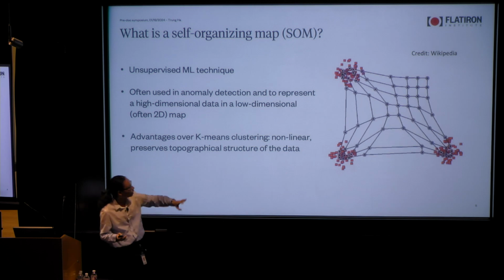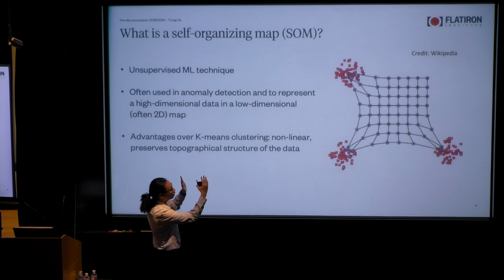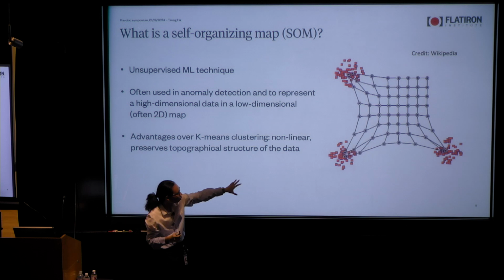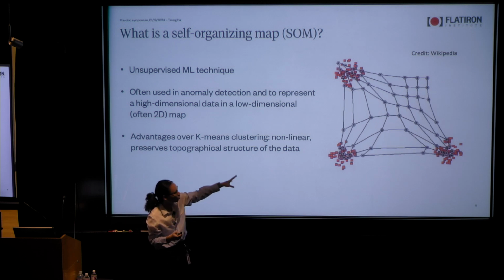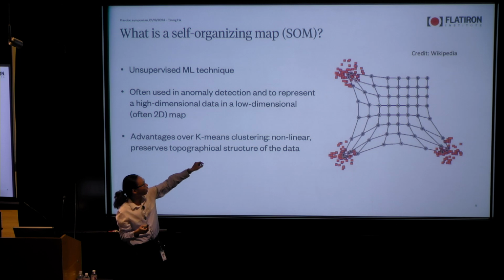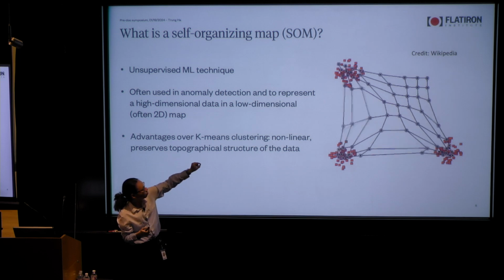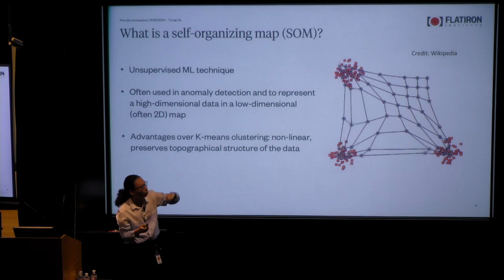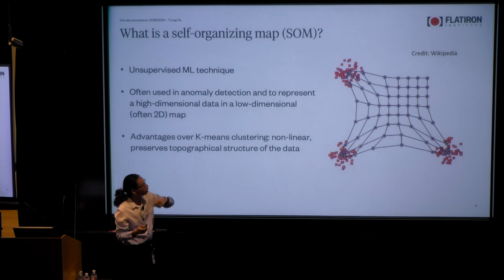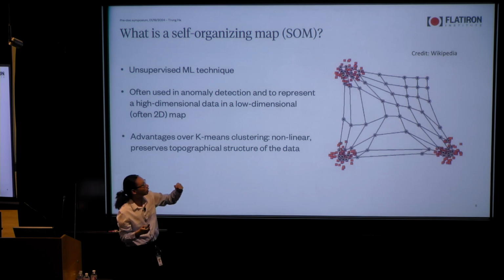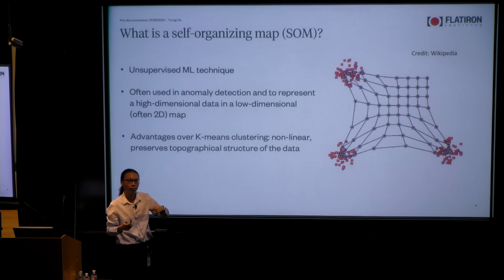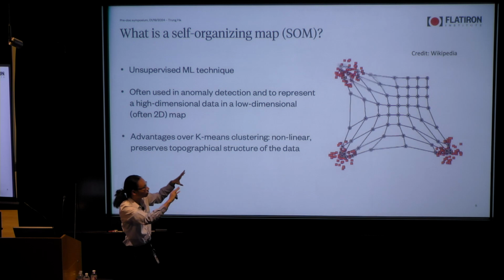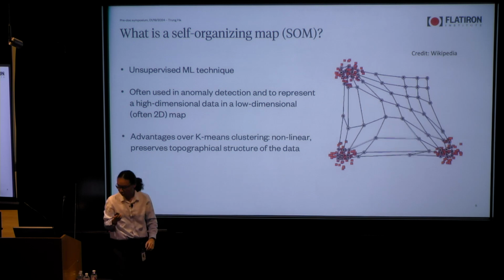On the right-hand side here, you can see an example of a 2D SOM map trying to fit onto a naturally occurring cluster that possibly is in higher dimension. The way it does that is that it finds the closest neuron to a data point, and it moves the neuron closer to that point. When the neuron is moved closer, it also consequently drags other neurons in the neighborhood with it, stretching out the map and conforming the map onto the structure of the input data.